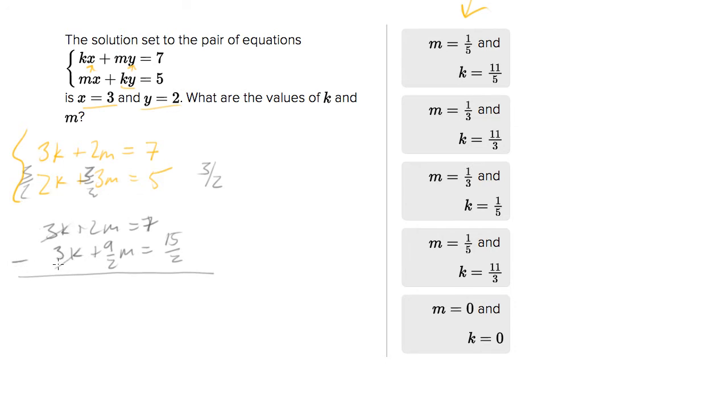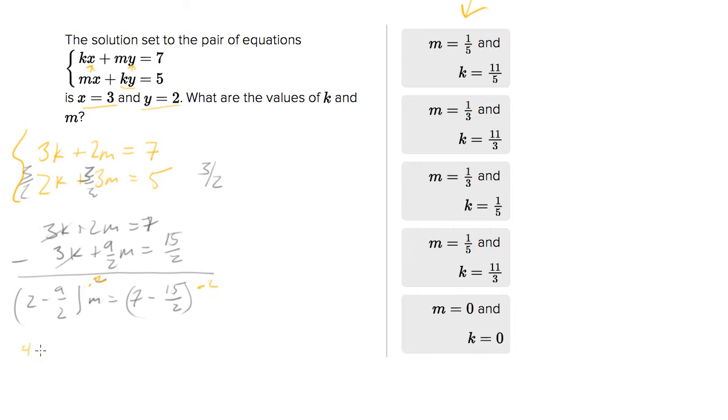So 3k minus 3k is 0. So you end up with 2 minus 9/2 m equals 7 minus 15/2. I'm going to multiply everything by 2 to make this easier to handle.